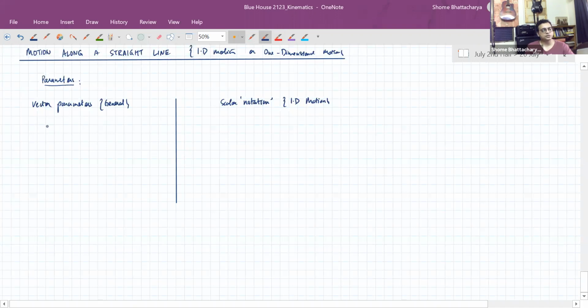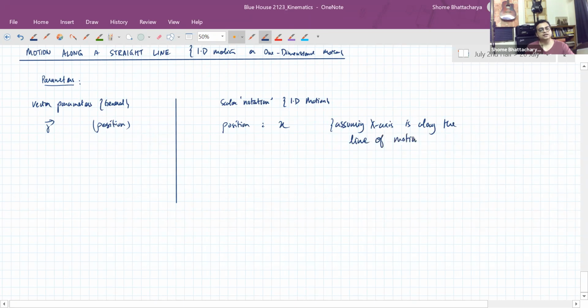Here, position was defined as R. Here, position we will define as just a coordinate, x, assuming the x-axis is along the line of motion.